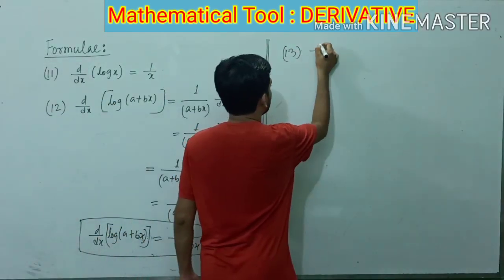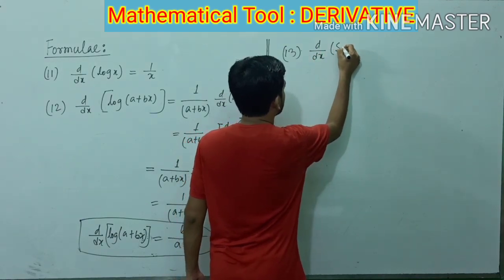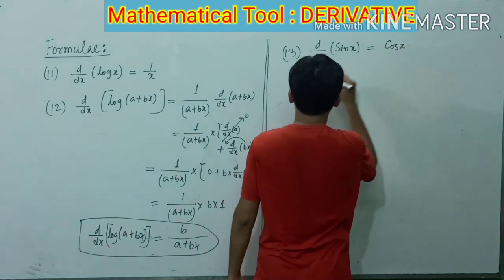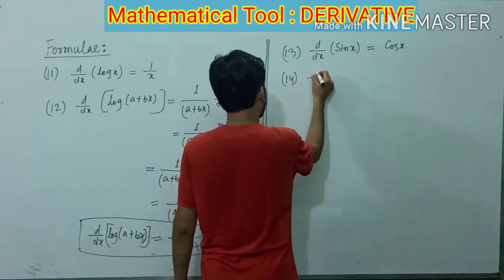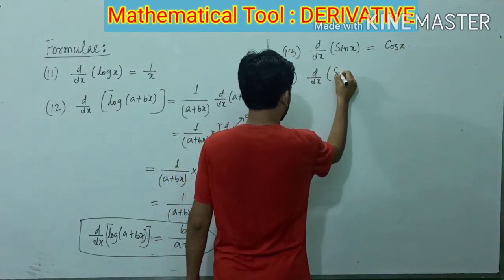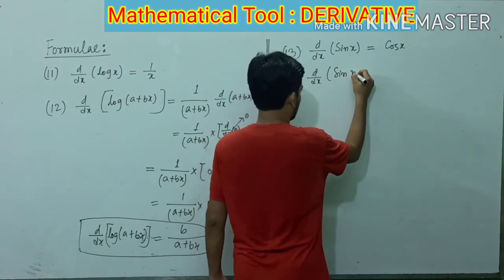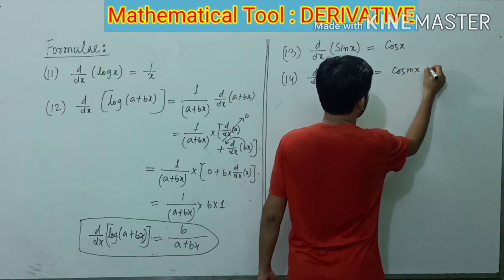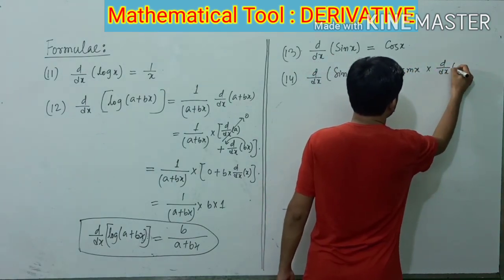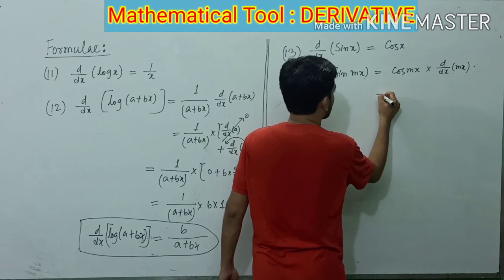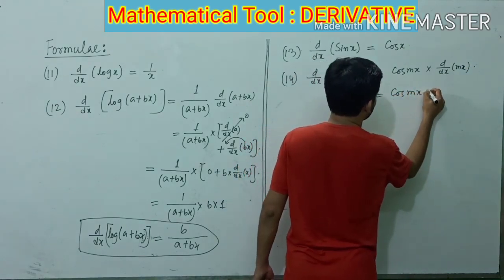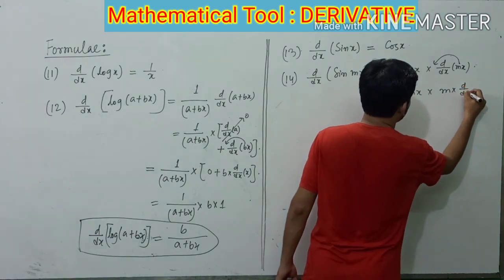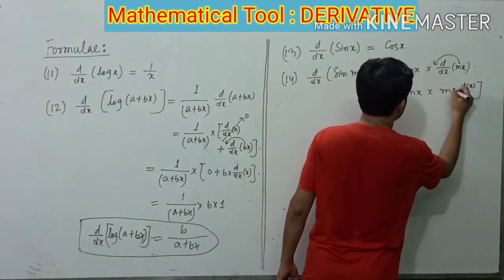Number 13, d/dx of sin x is equal to cos x. Number 14, d/dx of sin mx is equal to cos mx multiplied by d/dx of mx, cos mx multiplied by m into d/dx of x, where m is a constant.